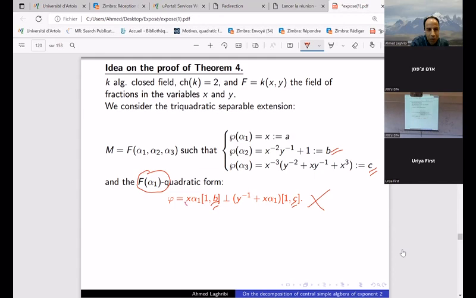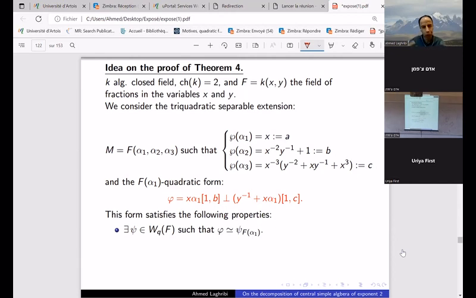This is my beta, and this is my gamma, as in the proposition. And this form meets all the conditions in the proposition. It is defined over F. So there exists psi in WqF such that we have this isometry.